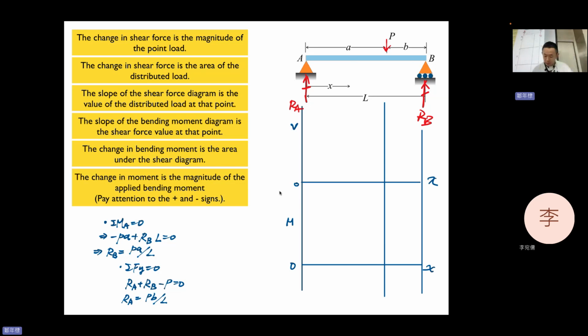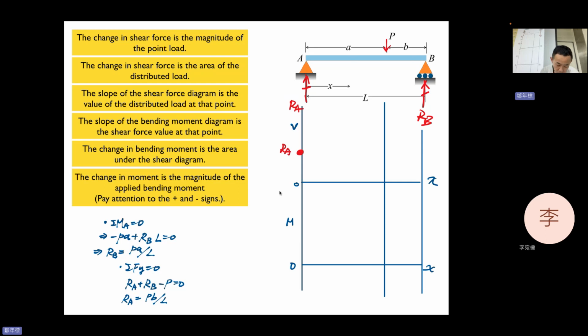Okay, so now RA. The change in shear force is the magnitude of the point load. So it's RA upward. Ta-da!